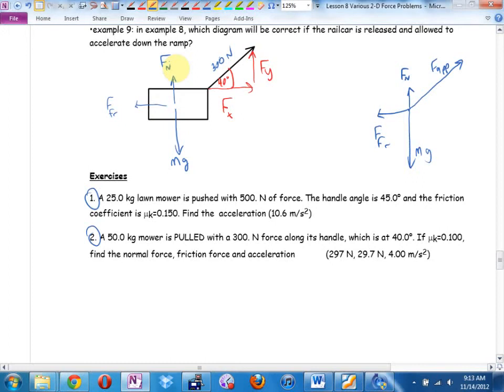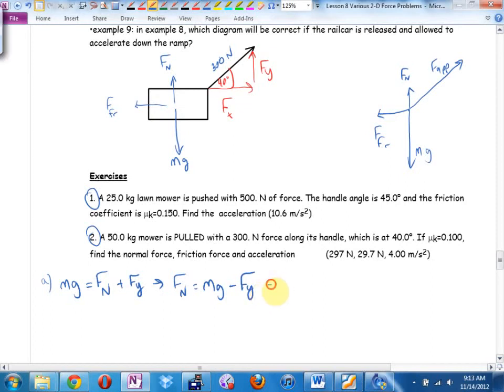In fact, let's see, it wants me to find the normal force. I'll call that part A. I think mg is going to be the same size as the normal force plus Fy. I think the two upwards cancel out the big downwards. Is that okay so far, Brett? Which I think means normal force is going to be mg minus Fy. And I think if we do the trig, we're going to find Fy equals sine again.